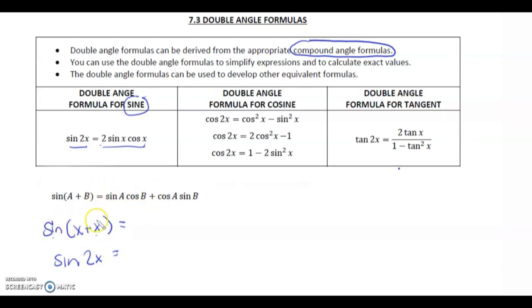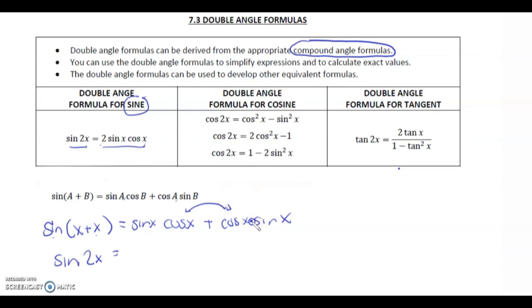If we were to expand this using compound angle formulas, we would get sine x cos x plus cos x sine x. Sine x cos x and cos x sine x are actually the same thing, right?